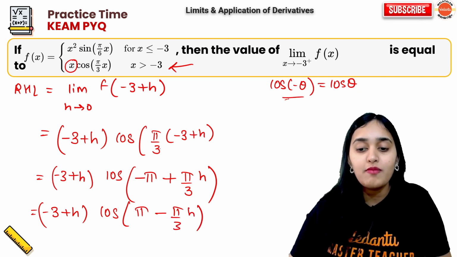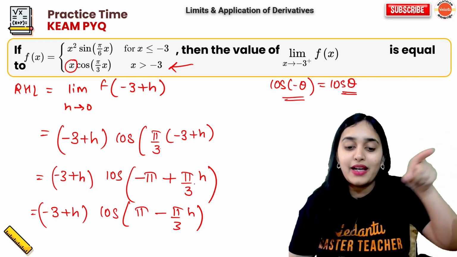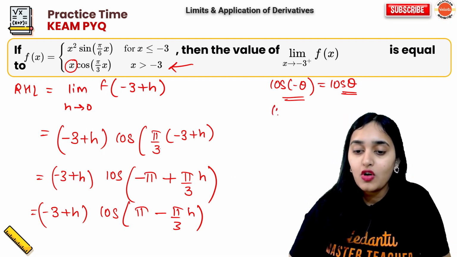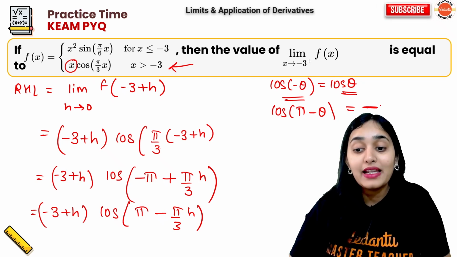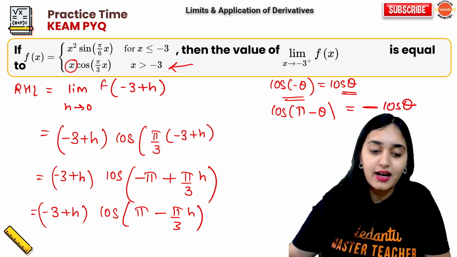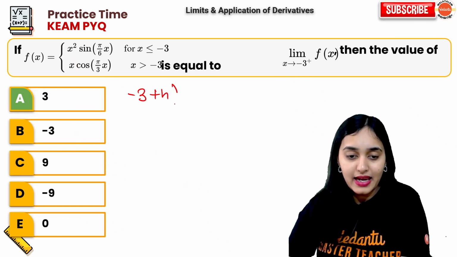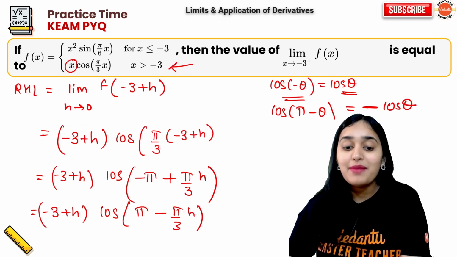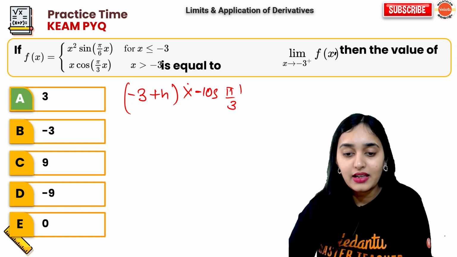Okay, because cos of minus theta is cos theta. So if I take out negative sign common, it will be pi minus pi by 3h and it will be same. Second formula we use here is cos of pi minus theta is minus cos theta. So here we will get minus 3 plus h into cos of pi minus theta, which is minus cos of pi by 3h.